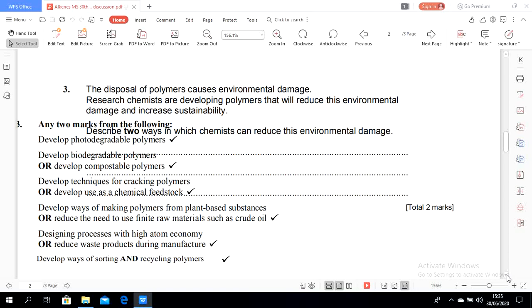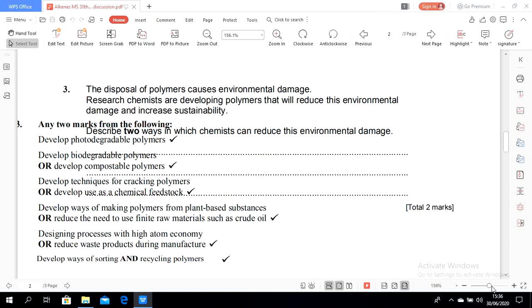And then designing processes with high atom economy or reducing waste products during manufacturing. And then we can do sorting or recycling of the polymers. So there are many ways. You have to write only 2 out of so many.